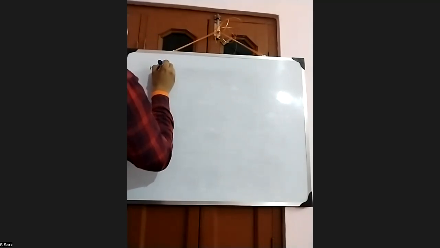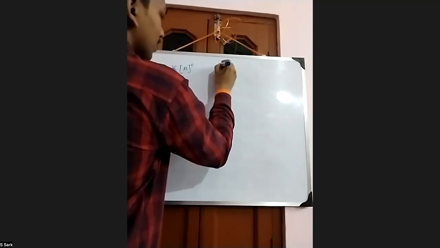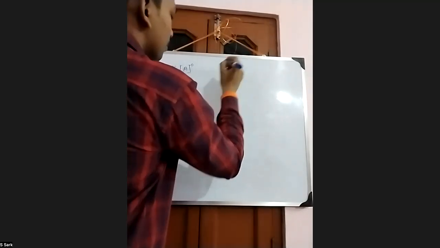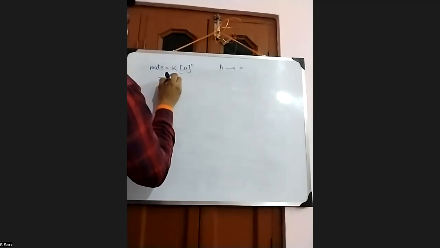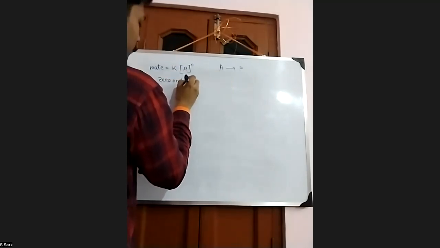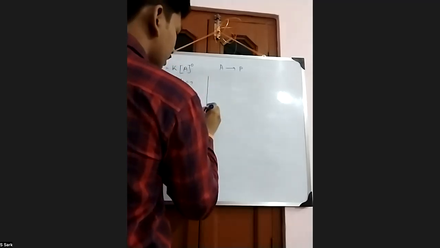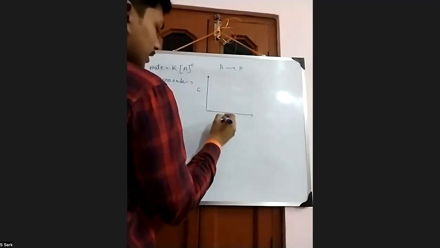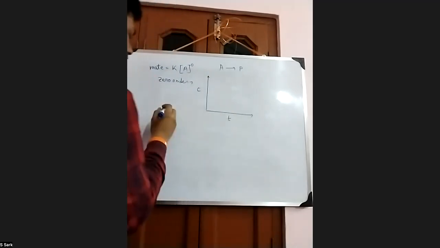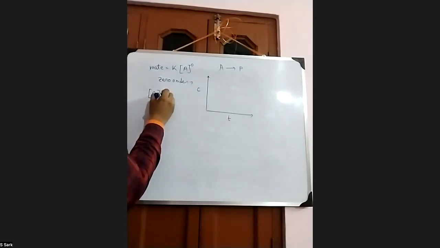For a zero order reaction, the concentration versus time graph will be according to the rate equation of zero order reaction, which is like this. In this case, the intercept is A0 and the slope is minus k.